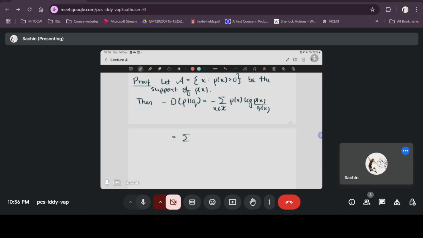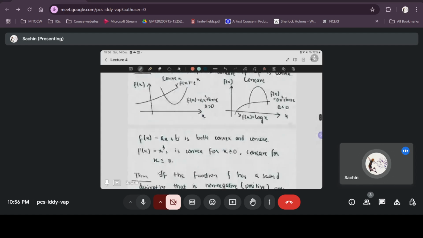Since p of x is equal to 0 for all the values not in the support, and not equal to 0 only for the values in the support, I can sum over only the points in the support, sum over x in A, and I can take the negative sign and bring it into the log, so it becomes p of x log q of x over p of x.